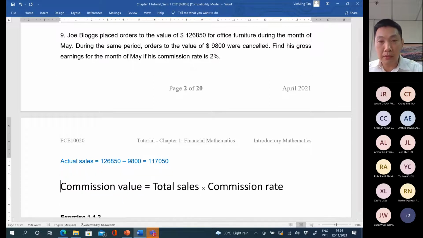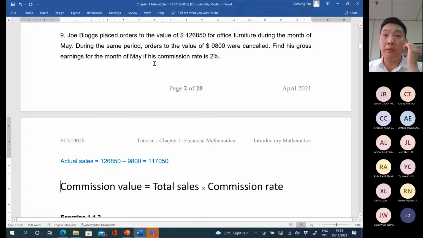This is the formula we should use, because the question is asking for earnings from commission. This question does not mention whether this salesperson gets the retainer or not, so we just assume that only commission will be earned by this salesperson.